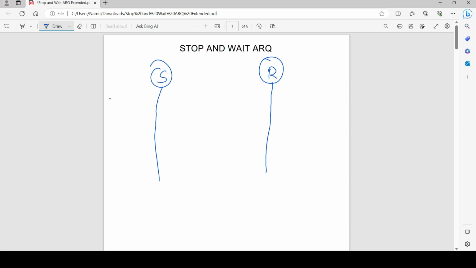Now there is some data that needs to be sent. But if you remember from the previous class, sender was also aware and receiver was also aware of what to expect, and sender knew what to send, receiver knew what to expect.